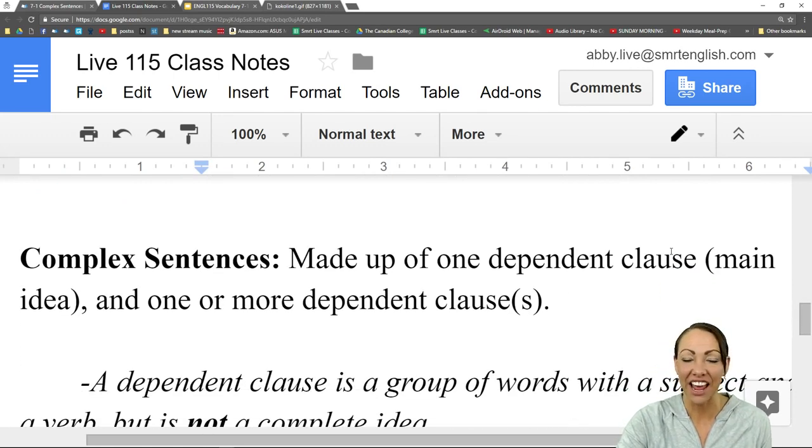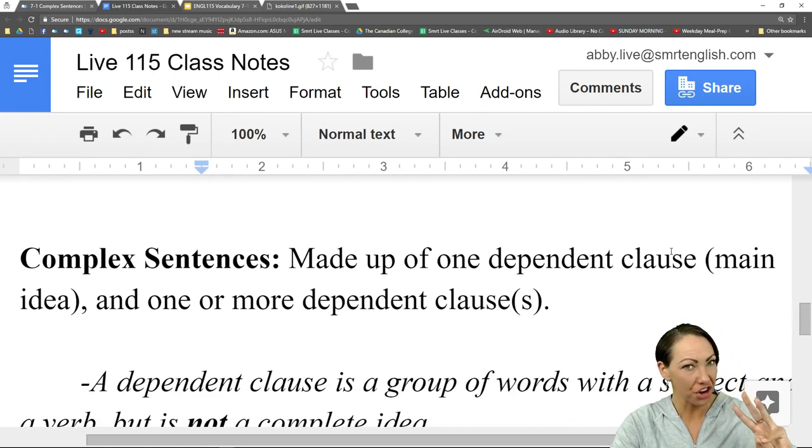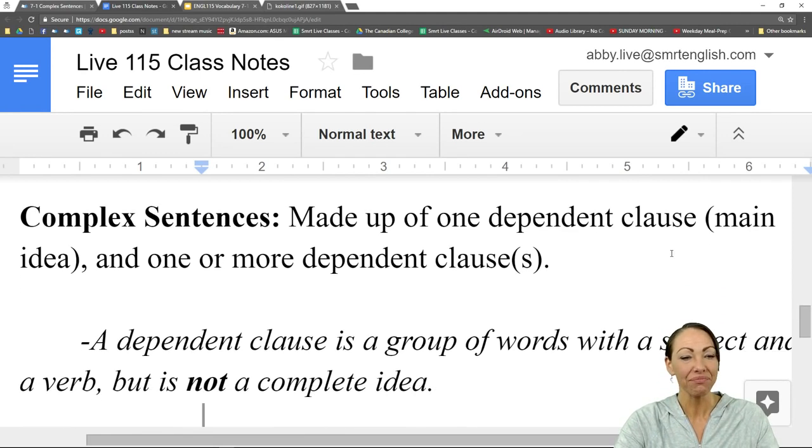And then again, today, going over complex, which is our third type of sentence in English. A complex sentence is made up of one independent clause, so that's our main idea, and one or more dependent clauses.